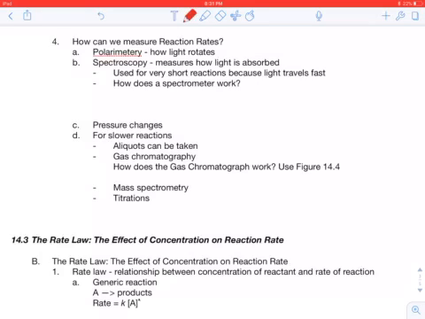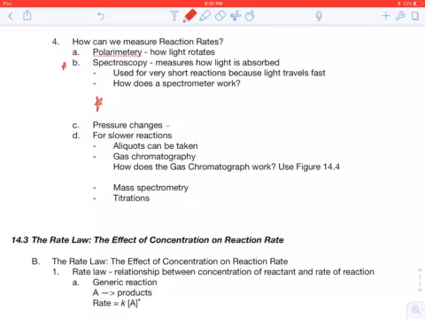We can do this for very short reactions because light travels fast. I want you to fill in this section about how a spectrometer works. Come back to that after you've read about it, because that is actually how we're going to measure most of ours. We're going to do a crystal violet reaction to see its reaction order based on how it reacts with sodium hydroxide.